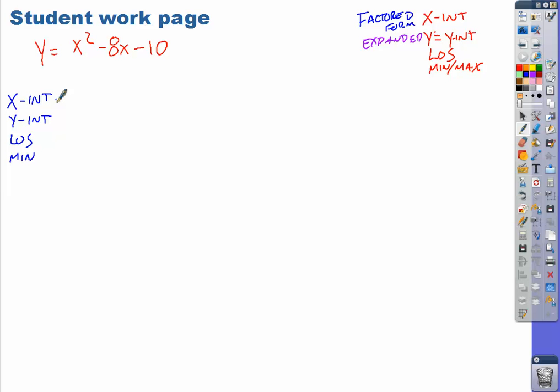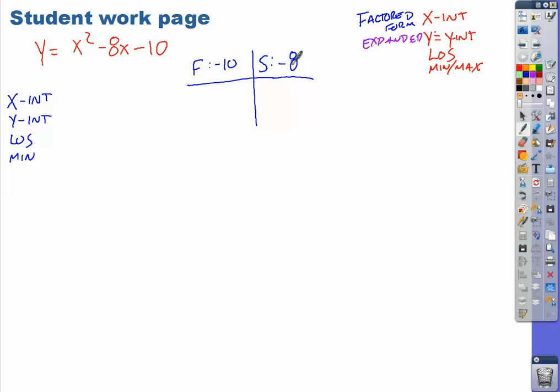Do we have any greatest common monomial? We don't. 10 isn't a square. Negative 10 certainly is not a square. So we don't have a difference of squares. We don't have a square binomial. So we have to find a binomial pair of factors. We're looking for factors of negative 10 and a sum of negative 8.